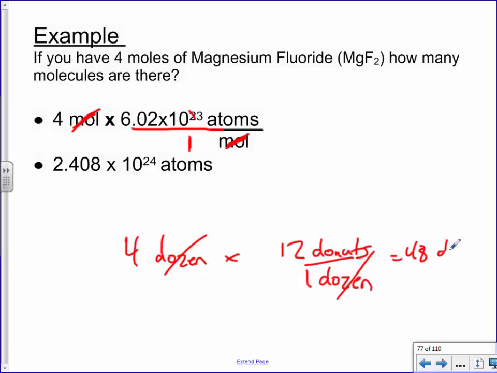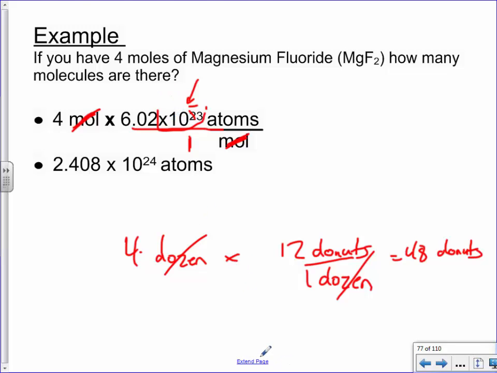You have 48 donuts, because that's what 4 times 12 is. Does that make sense? Well, that's what's happening here. You have 4 moles of atoms times your moles by the Avogadro's number here, and that's how many atoms you have total. Are you guys familiar with this notation here, the times 10 to the power of something notation? Is that something you guys know how that works?